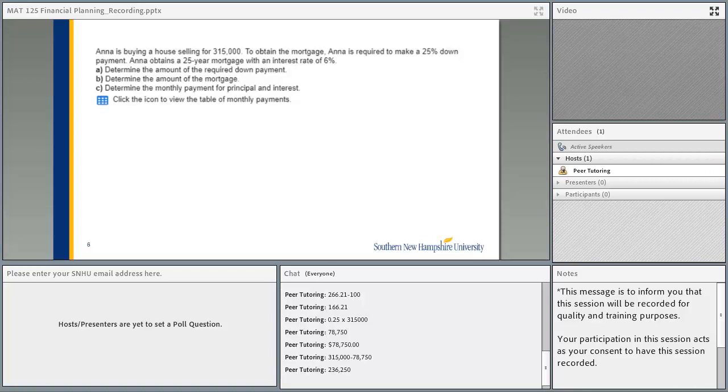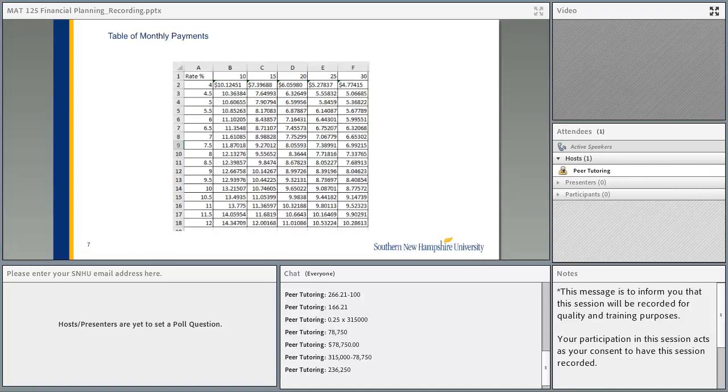Part C, we have to determine the monthly payment for principal and interest. So for this part, you can do it a couple ways. You can do the principal and interest payment formula, or you can use a monthly payment table. And you can see there on your homework, you can click on that to view the table of monthly payments. So let's take a look at the chart. So this is what you'll see when you click on that.